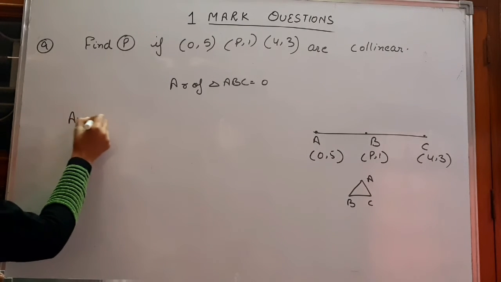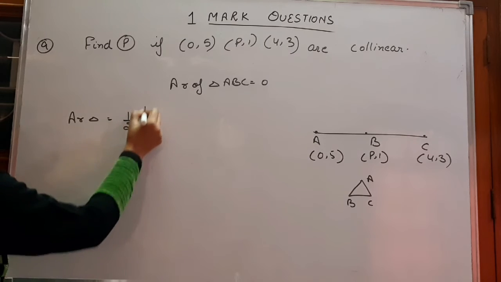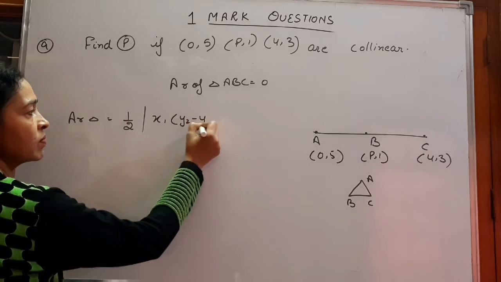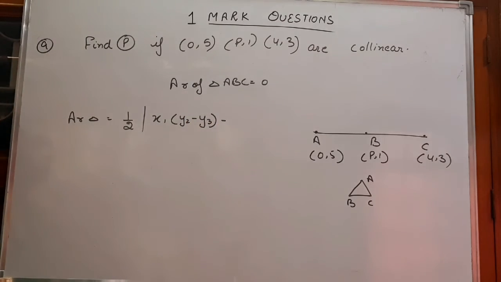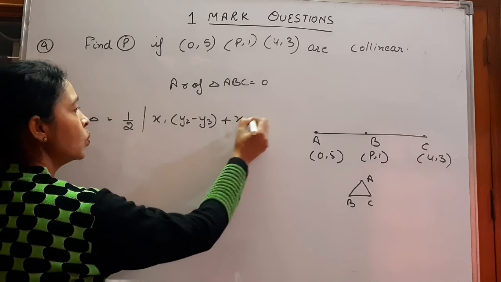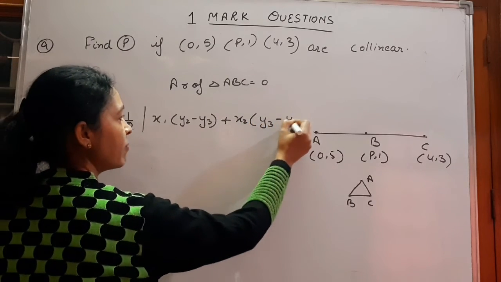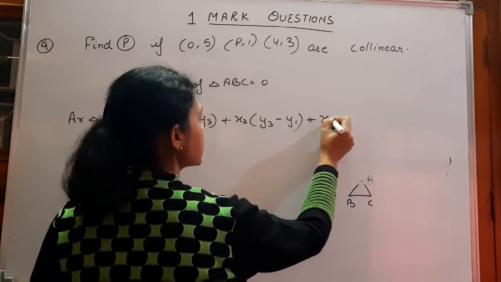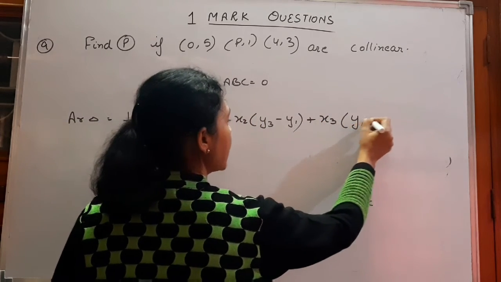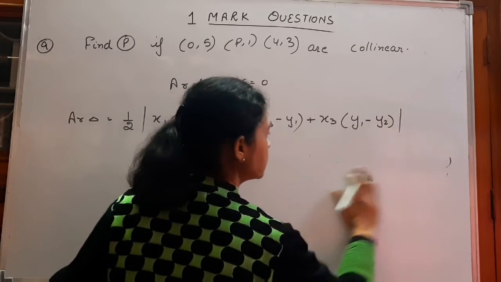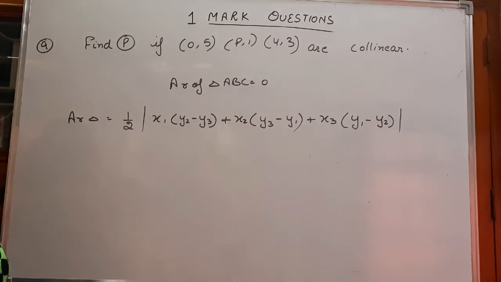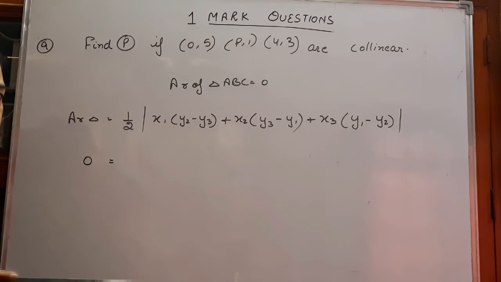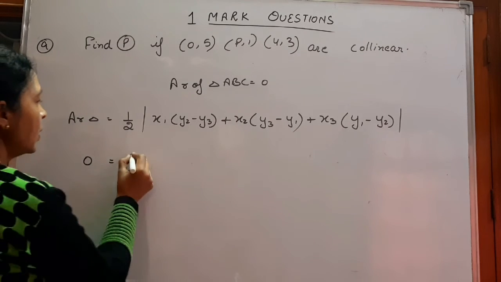And what is the formula for the area of a triangle? 1 by 2 into modulus of x1 (y2 minus y3) plus x2 (y3 minus y1) plus x3 (y1 minus y2). Modulus sign because the area can't be negative. Now area is given 0 because the points are collinear.